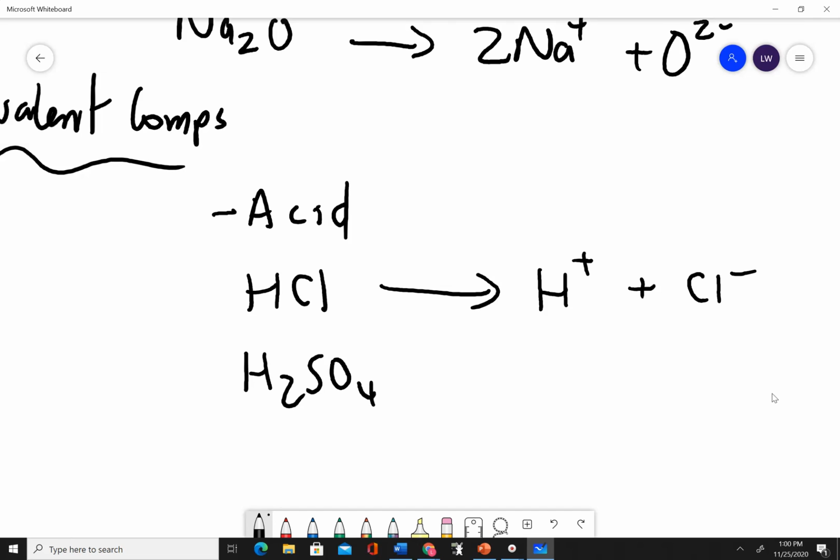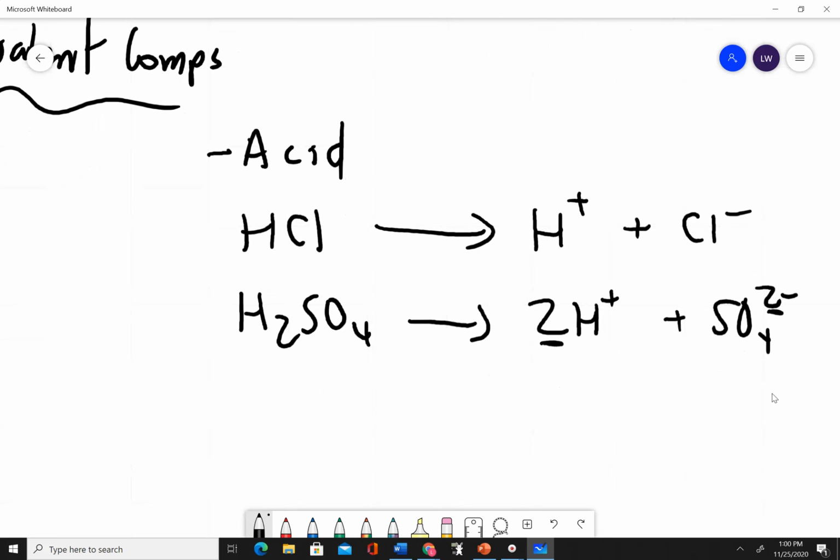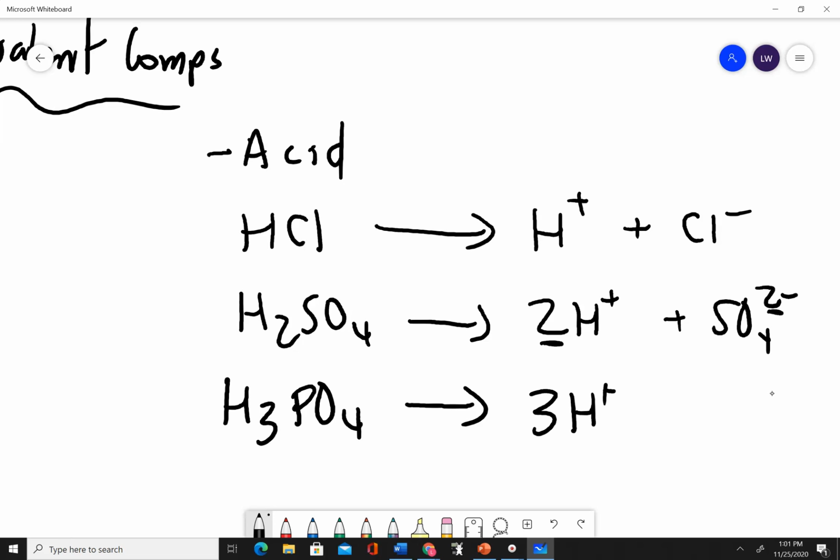The charge on the anion is always negative, and its magnitude is equal to the number of hydrogen ions that are produced. So acids will separate into hydrogen ions and an anion when they are dissolved in water.